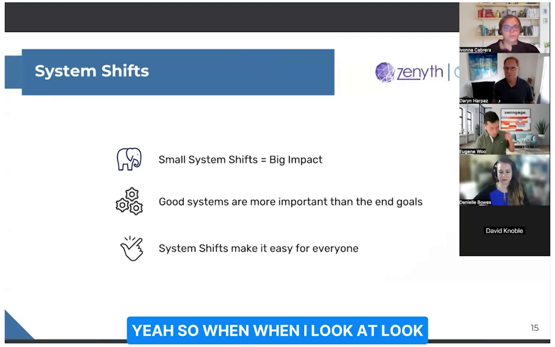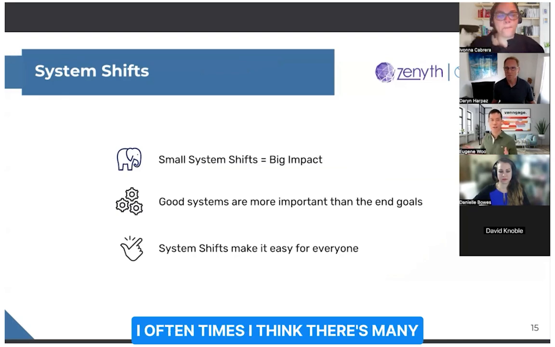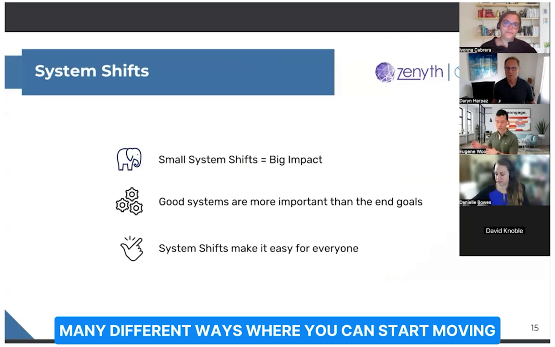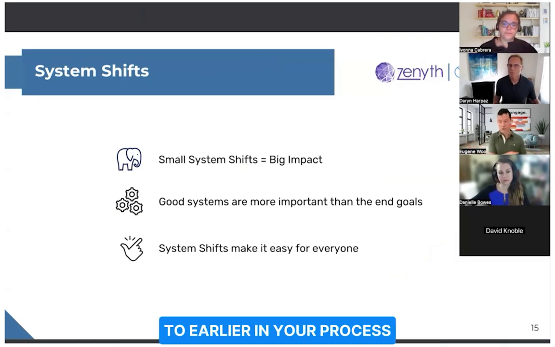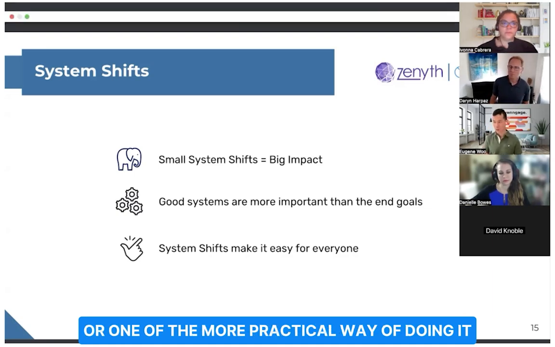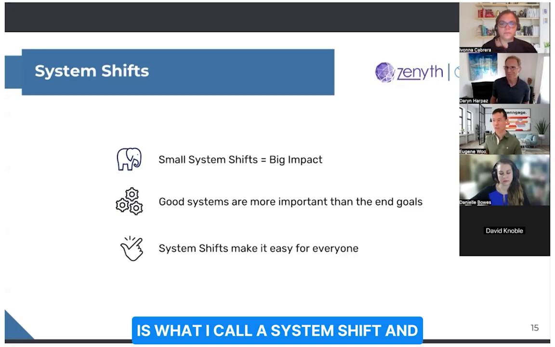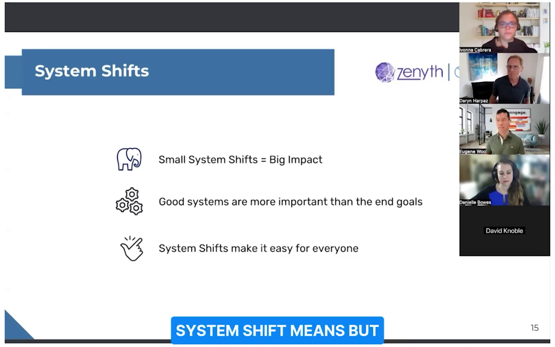Yeah, so when I look at shifting left, I think there are many different ways you can start moving accessibility earlier in your process. And I think one of the more practical ways of doing it is what I call a system shift. I'll explain what a system shift means.